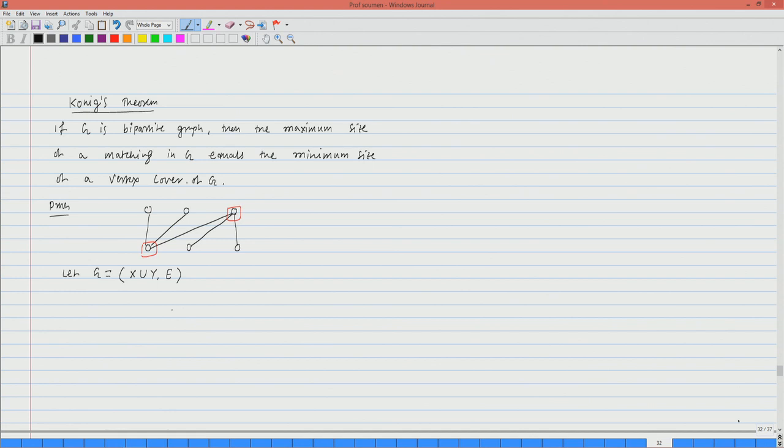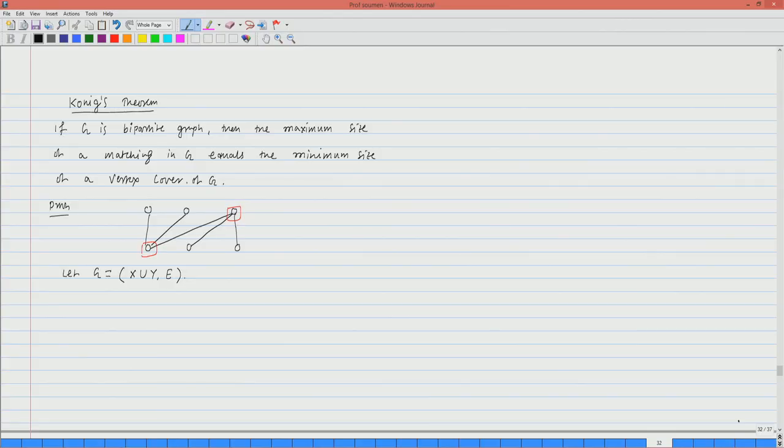Now, the proof of this theorem goes in this way: you start with a minimum vertex cover, and then you construct a maximum matching from that, and then you will get one relation between their sizes. And the other way is that you start from a matching, and then you try to construct a vertex cover. Okay.